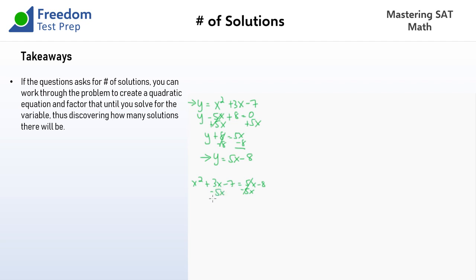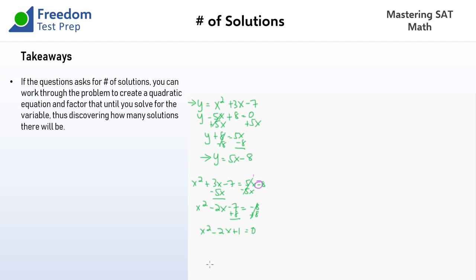So we're going to subtract that back out, and we're going to get x squared minus 2x minus 7 equals minus 8. This is important, make sure you take that sign with you. Okay, and then we're going to add the 8, because we always want to get that quadratic equal to 0.